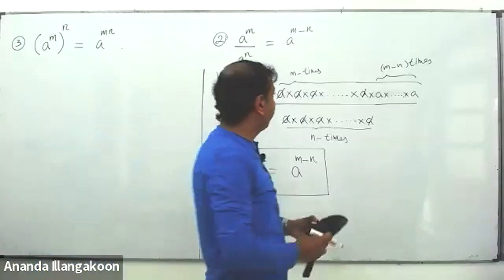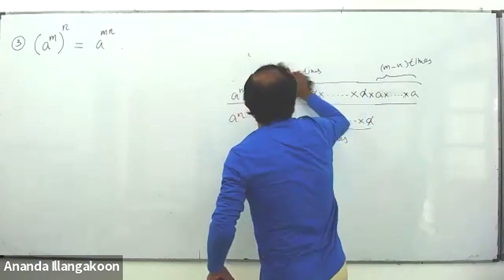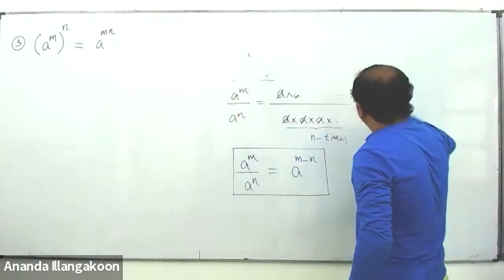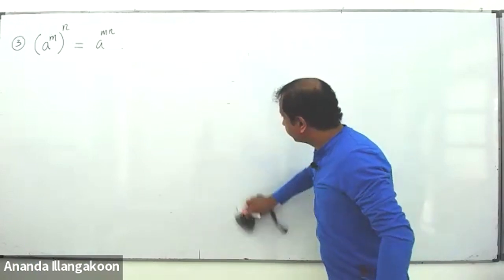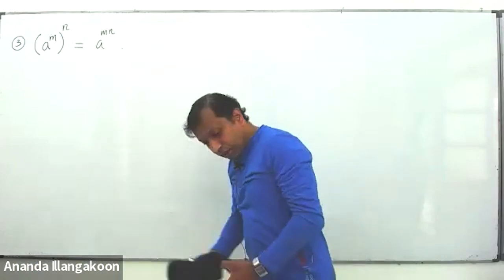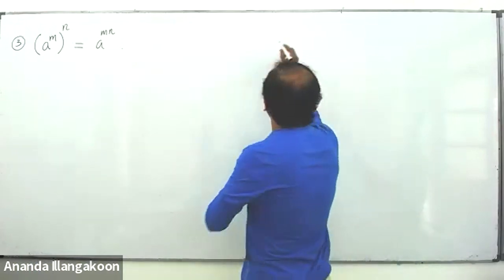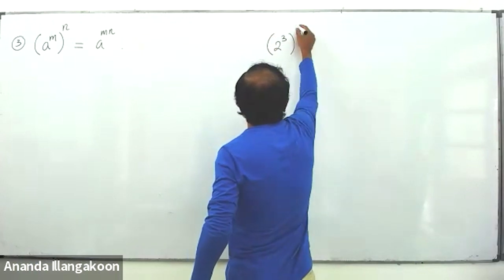How? Right, this way. I'll take a certain small example that you can very easily think about. Yeah, think like this, people. I'm going to take 2 to the power 3, that to the power 2.